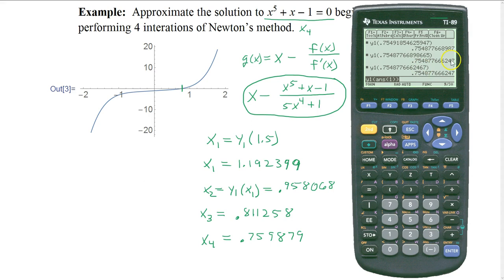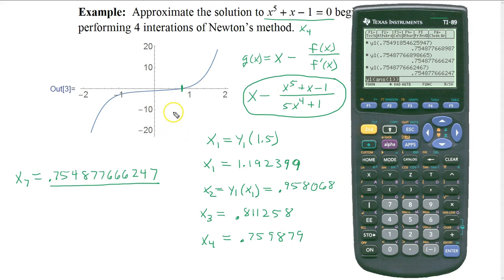So we see that x7 equals 0.754877666247, and that doesn't change anymore if we were to keep applying Newton's method. And so that is our answer, accurate to 12 decimal places. Right there it is on the x-axis.